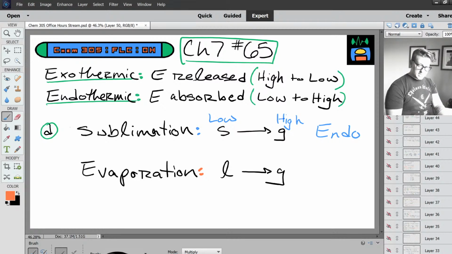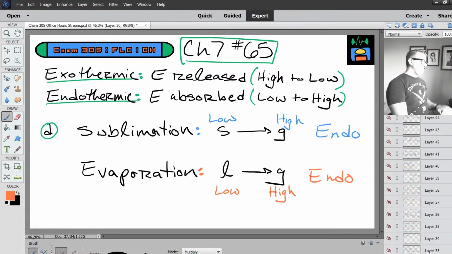The liquid phase is low in energy. The gas phase is high in energy. And again, moving low to high, this is also endothermic. So sublimation and evaporation would have the same thermicity. And so yeah, D and C have the same thermicity, A and B have opposite thermicities.